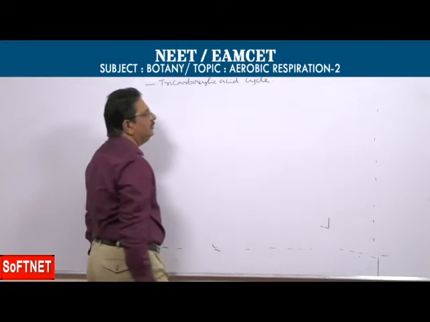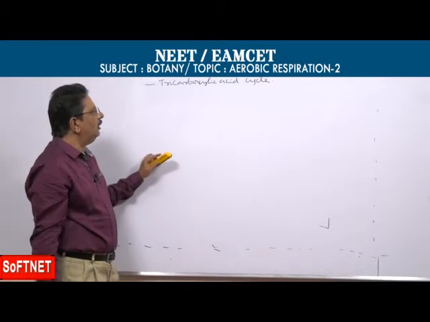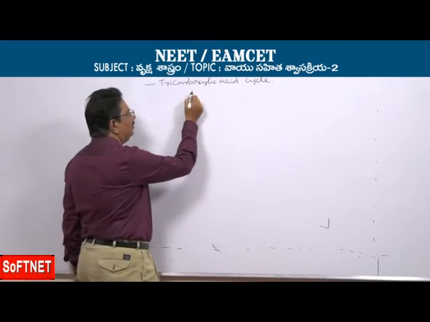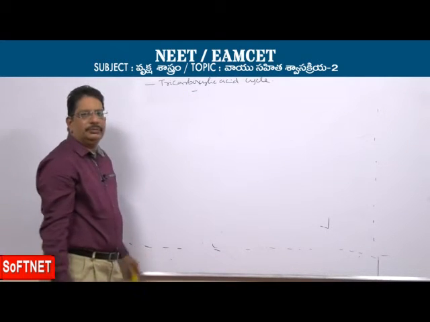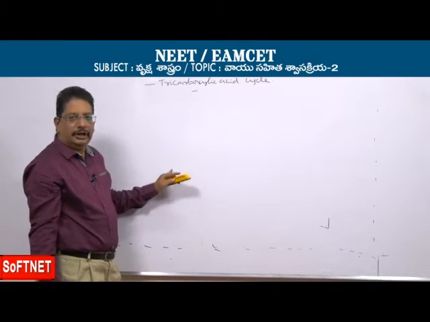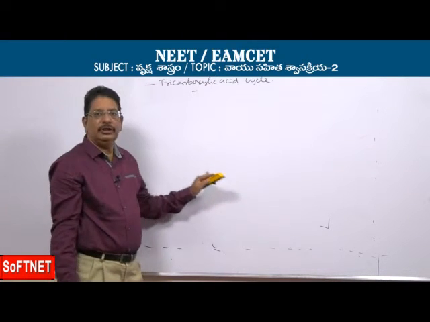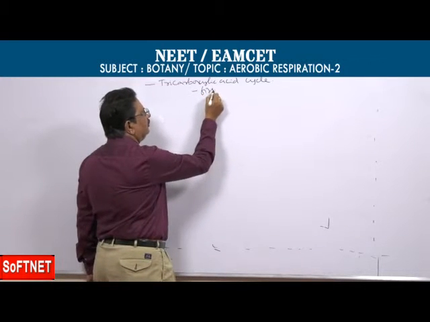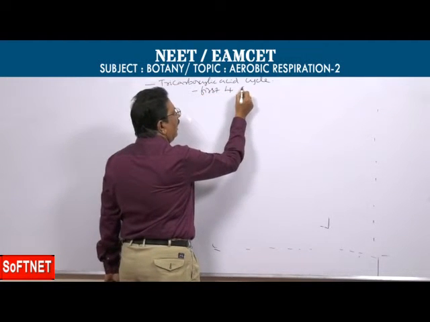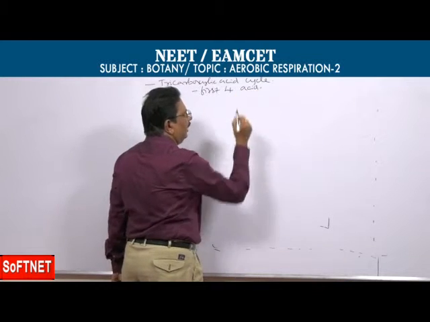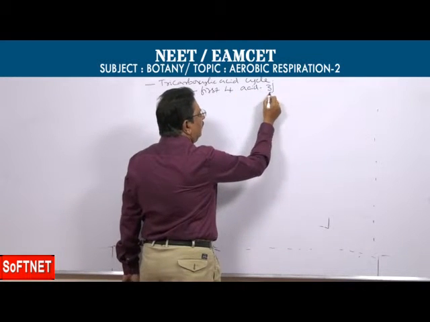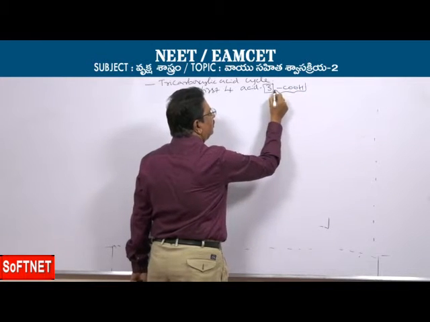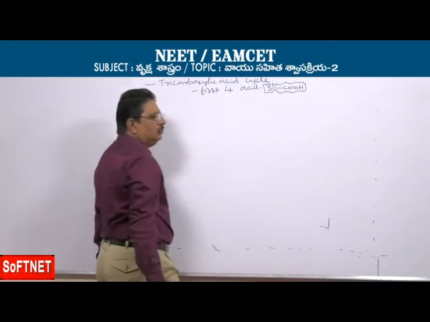Tricarboxylic acid cycle. Why is it called the tricarboxylic acid cycle? Because during this metabolic pathway, a number of intermediate acids are formed, of which the first 4 acids have 3 carboxylic groups, that means 3 COOH groups.